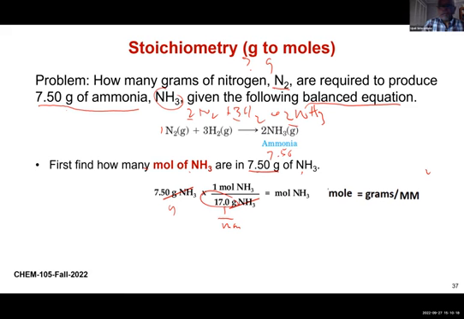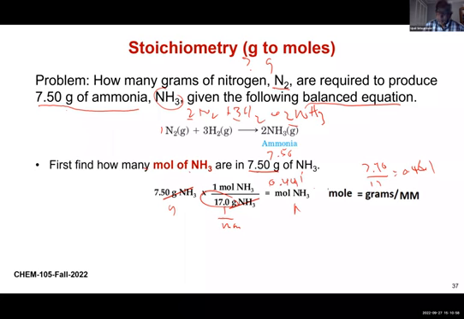When you divide 7.50 divided by 17, last time I did that, I got 0.441. You can check it out. So this number is 0.441 moles of ammonia.